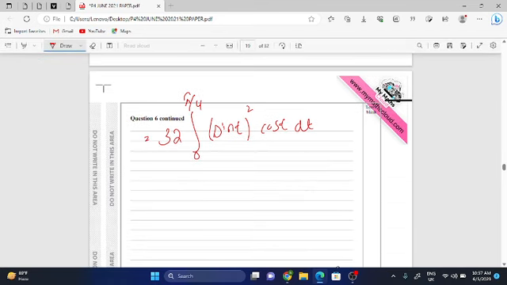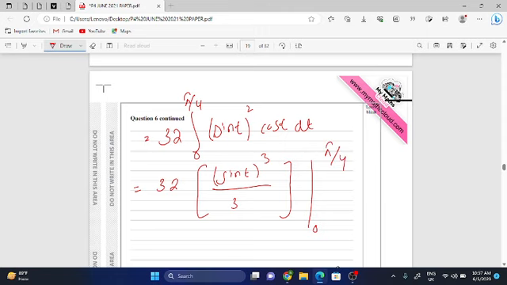So this is 32 sine of t square cos of t. Now I can see the derivative of sine t is cos t, which is present over here, so I can use the power rule. It would be sine of t to the power 3 whole divided by 3, and the limits are 0 to pi by 4.